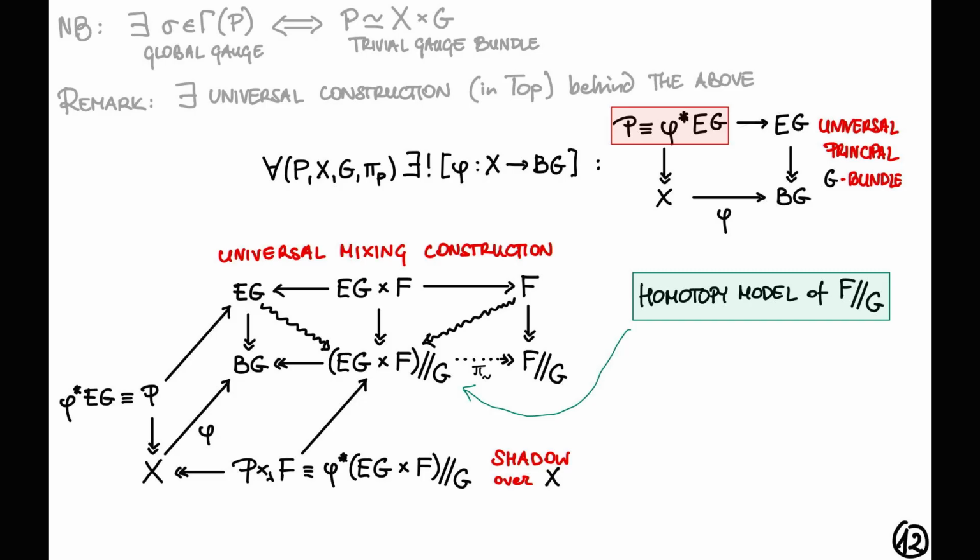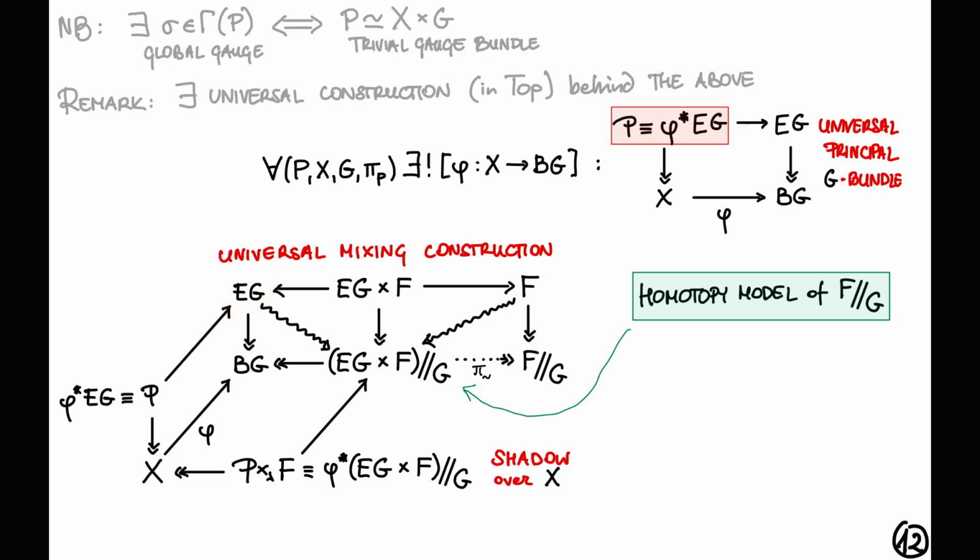And Cartan and Borel tell us that this universal associated bundle, of course, as before, fibers with the typical fiber F over the base of the universal principal bundle, so the classifying space. But whenever the typical fiber fibers principally over the orbit space, then by symmetry, the universal associated bundle is a bundle over the orbit space with the typical fiber EG.